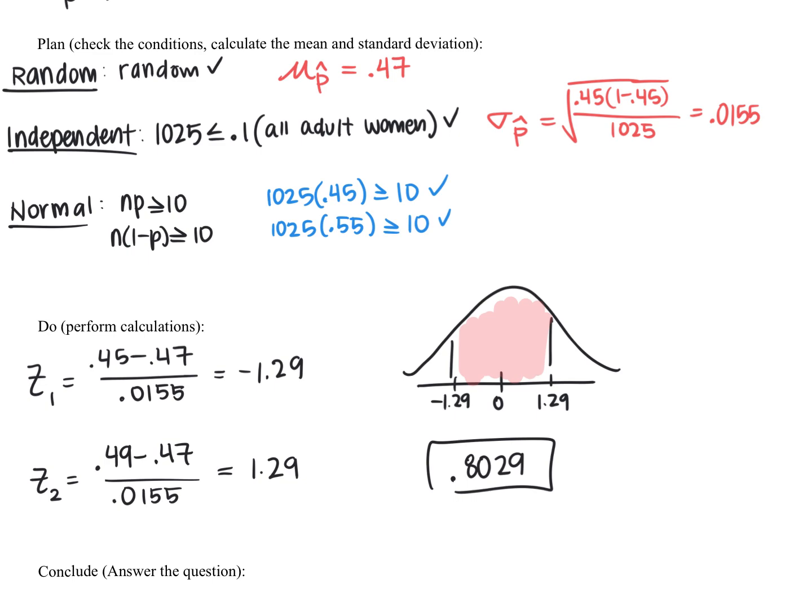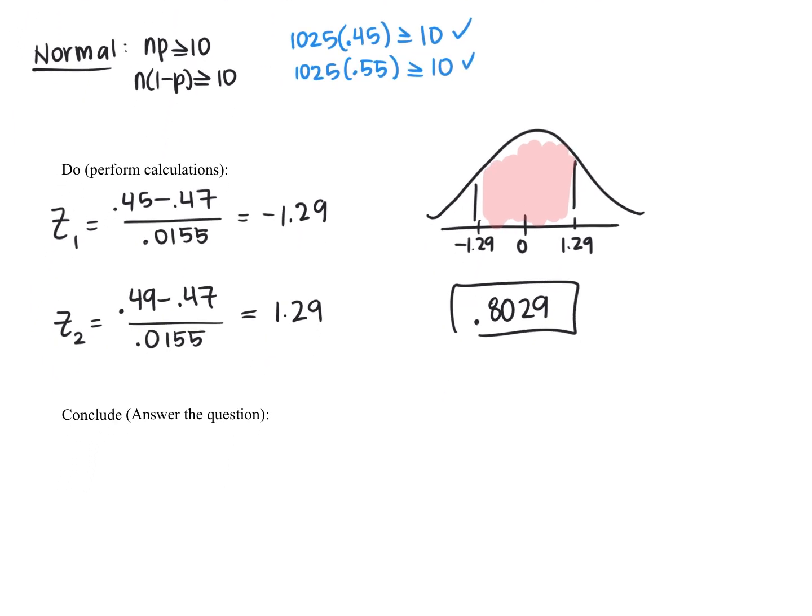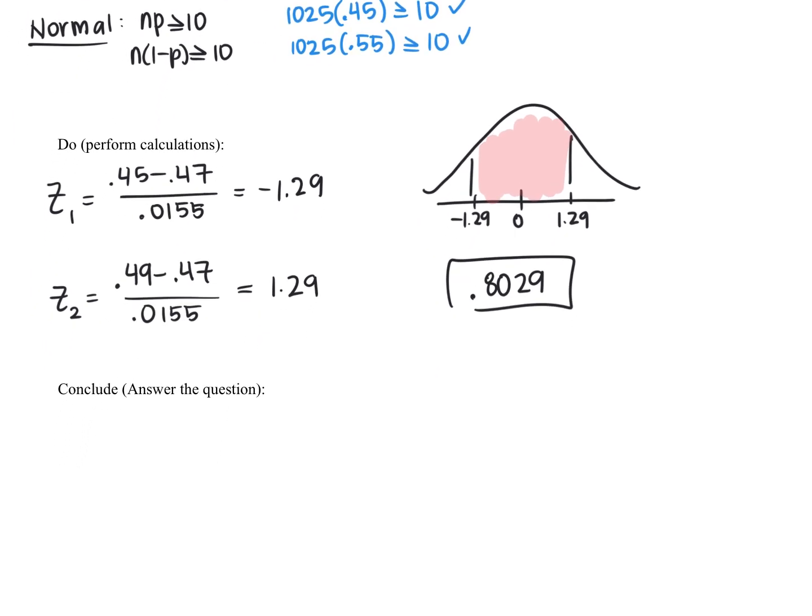Now previously in the last section, this is where we would have stopped. But now we're going to write a conclusion. We're going to answer the question in the form of a sentence.